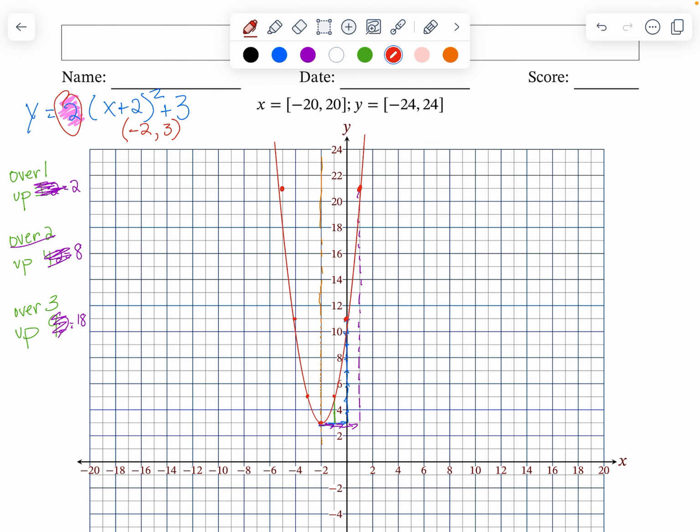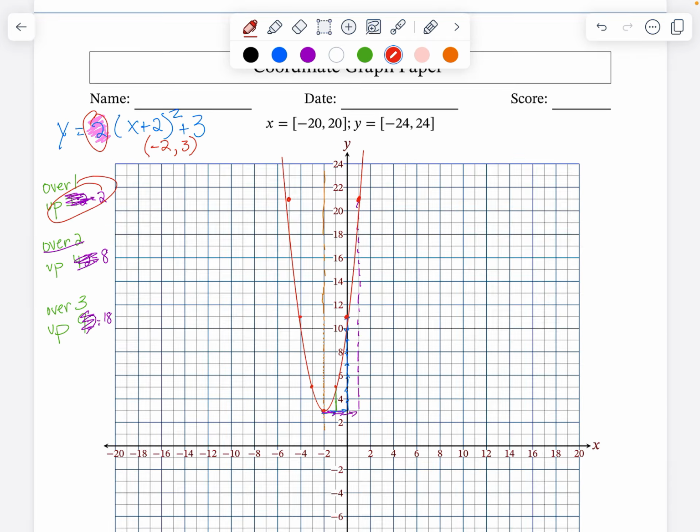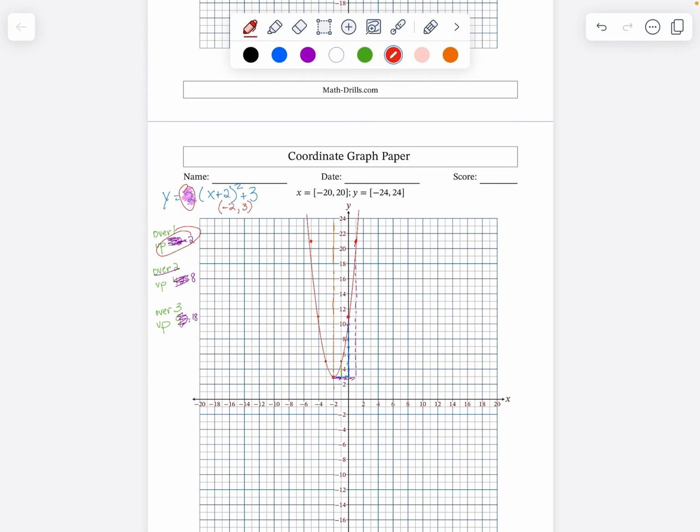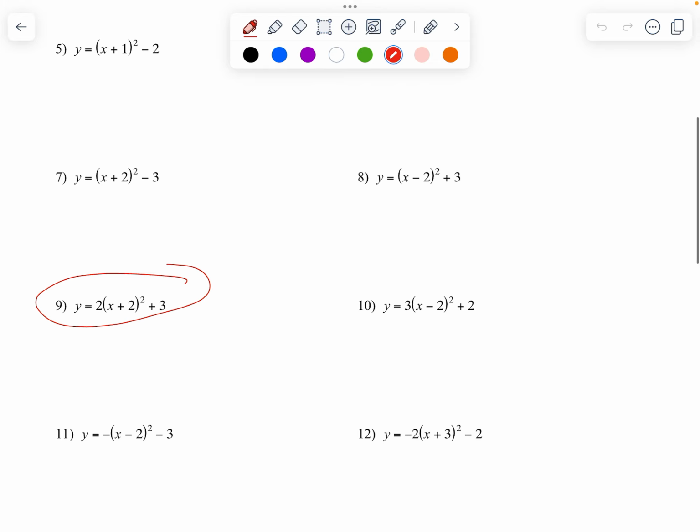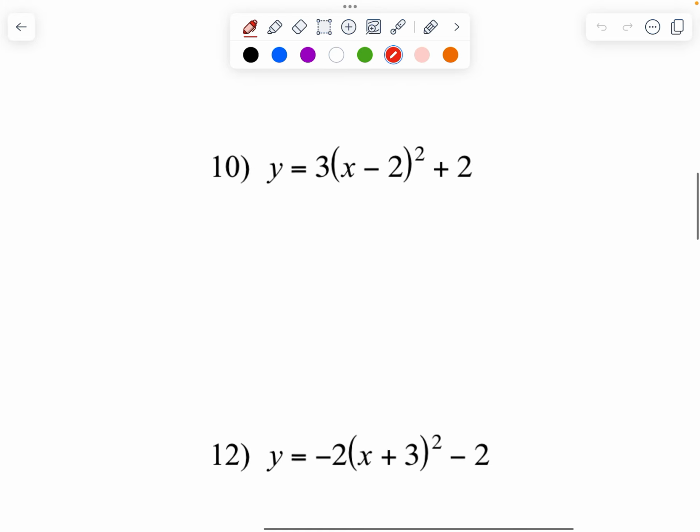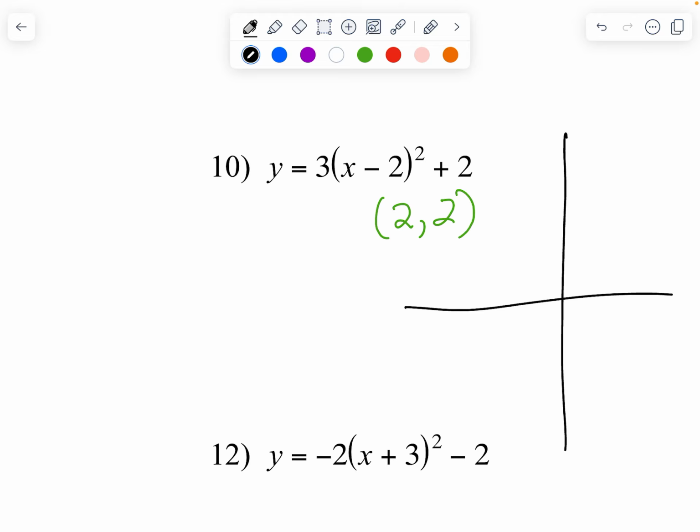So again, this number doubled our ups. For this one here, I'm not going to draw the whole thing, but your vertex would be at positive 2, positive 2. And there's your vertex. And then this time your ups are tripled.